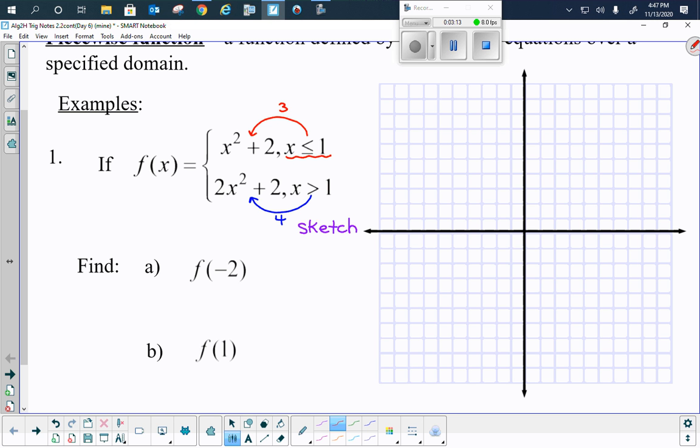So since there is an equal sign there, I am going to go ahead and say at 1, 3, I'm going to use a closed circle because of the equal sign. So I'm going to go to 1, 3, closed circle, just because I happen to know it's a parabola that's shifted up 2, and the less than sign says only draw this to the left.